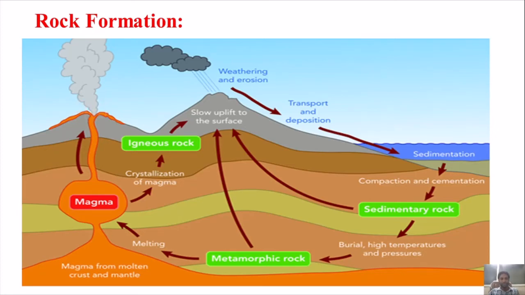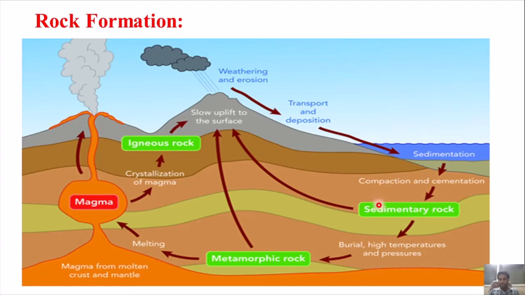While this magma travels, crystallization of magma takes place just below the earth surface, and different rocks will form. This may be igneous rock. Then due to weathering, erosion and transportation, the rock is transported towards sedimentation, and sedimentary rock forms due to compaction and cementation.